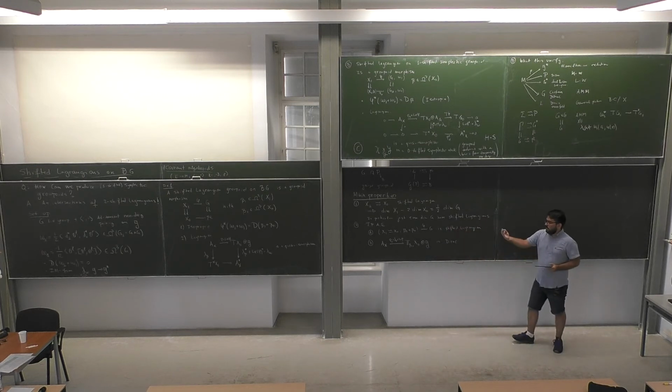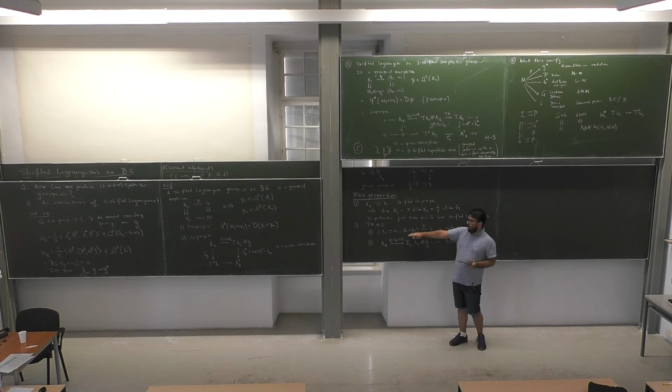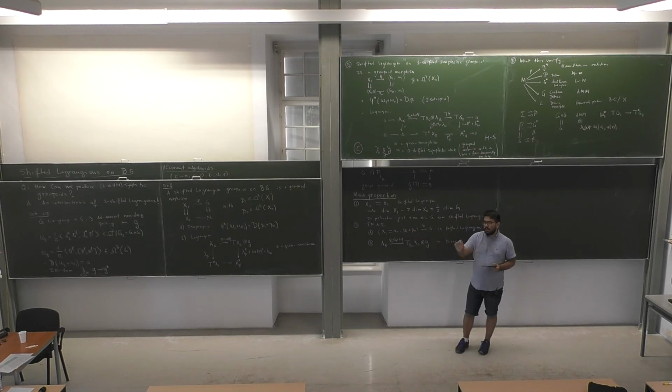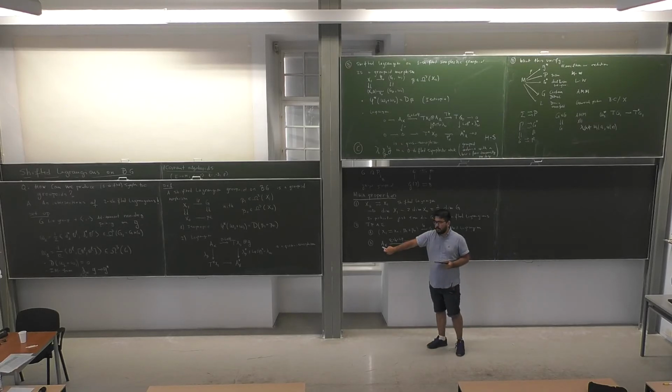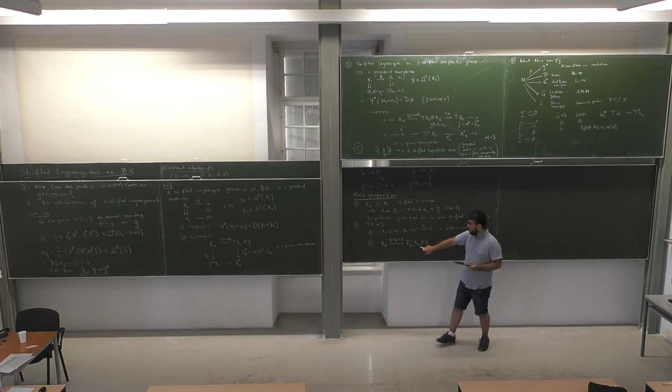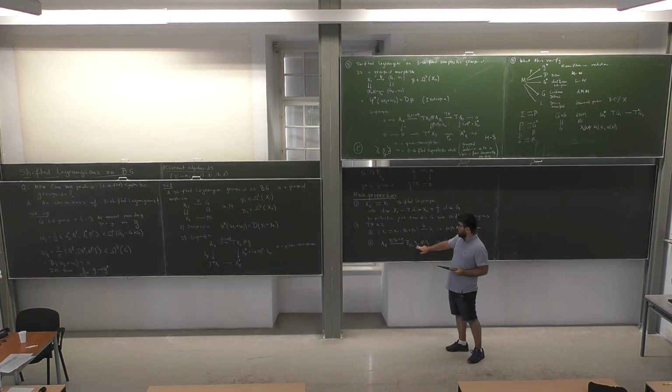In other words, if I have a groupoid with this beta 1, beta 0, and phi, I have a really easy way to check when it's shifted Lagrangian. The only thing that I need to check is that the Lie algebroid embeds via these three maps into a Dirac structure in this particular Courant algebroid.